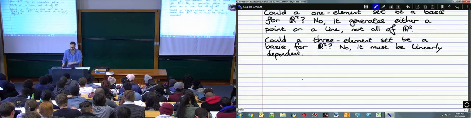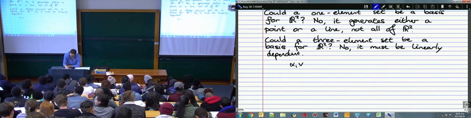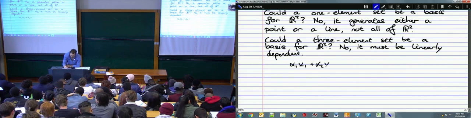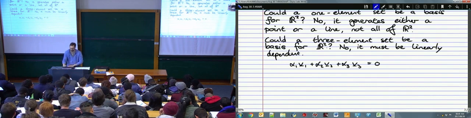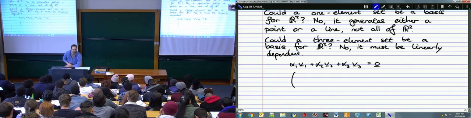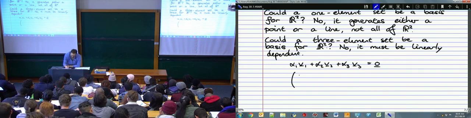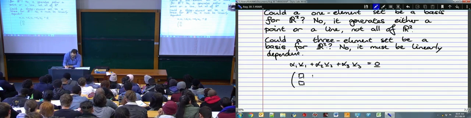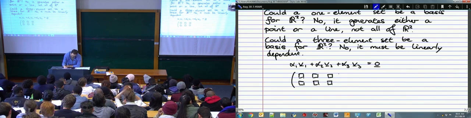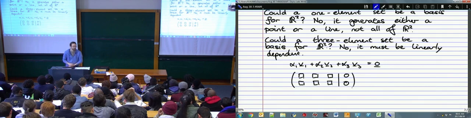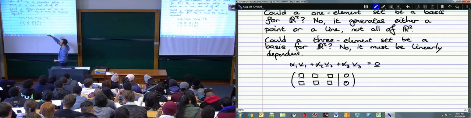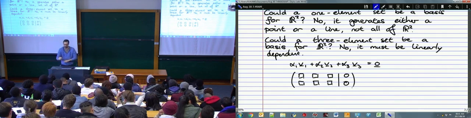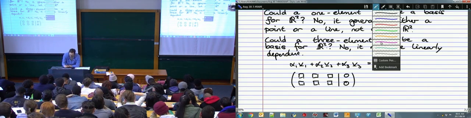Right? And the reason for that is if we have something like this, alpha 1 v1 plus alpha 2 v2 plus alpha 3 v3 equal to 0, this becomes a matrix, and let's not worry too much about what these entries are. But the shape of the matrix is the following. That's the shape of the augmented matrix. And we can have at most 2 pivots, but we have 3 columns.